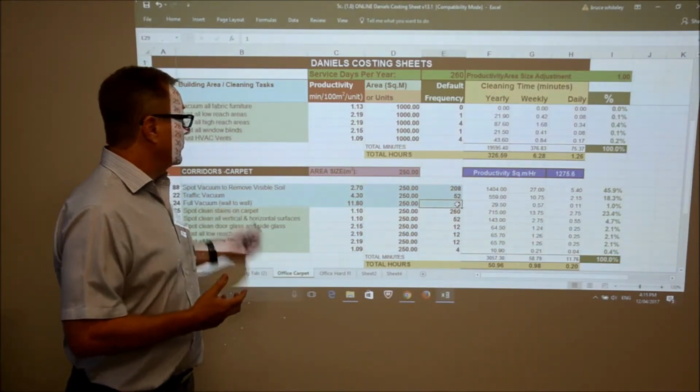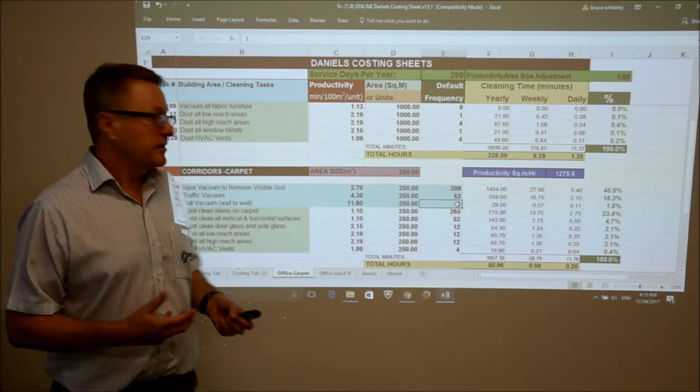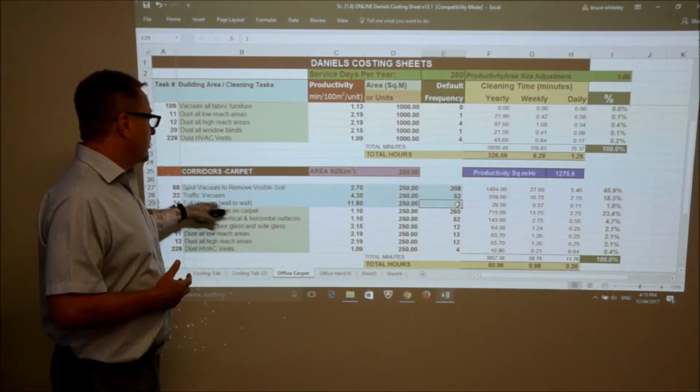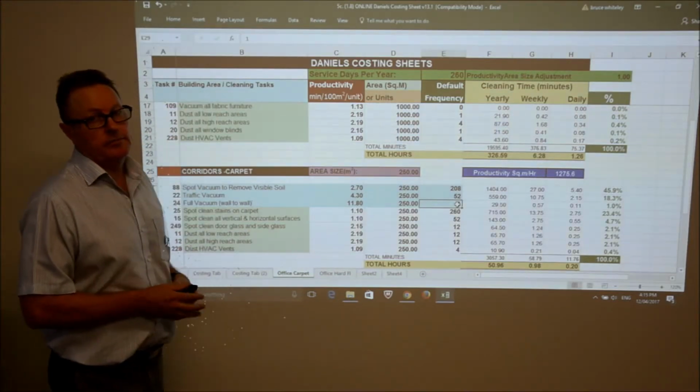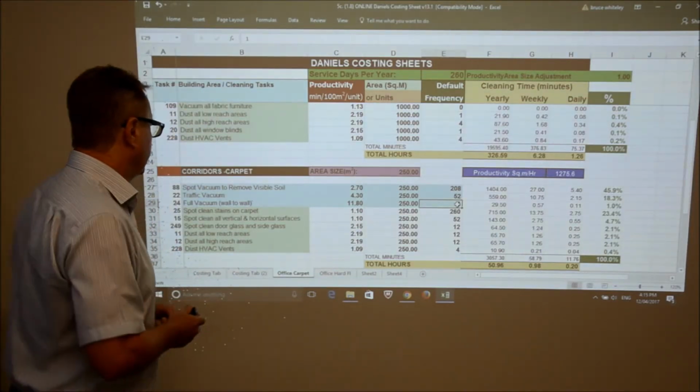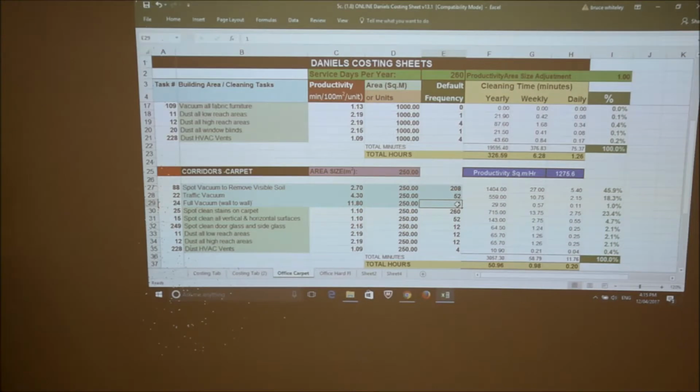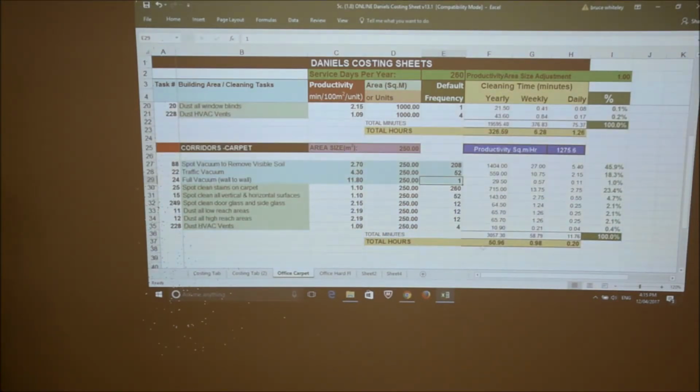So the frequency of cleaning, particularly the detail cleaning in the traffic vacuum and the full vacuum, should be higher in the corridors than what it is in the offices. So what we're going to do, we'll come back to that, but we're going to come back and look at adjusting that.